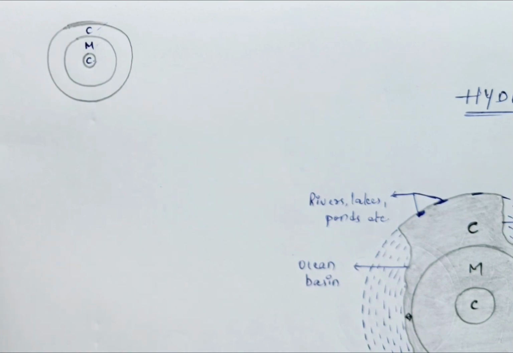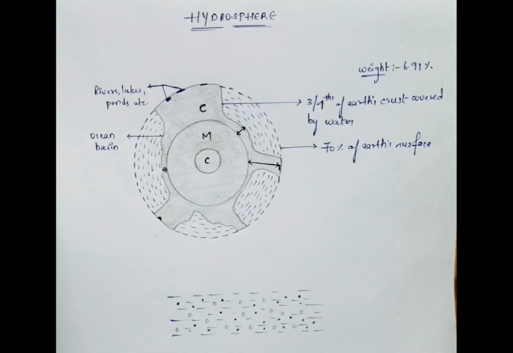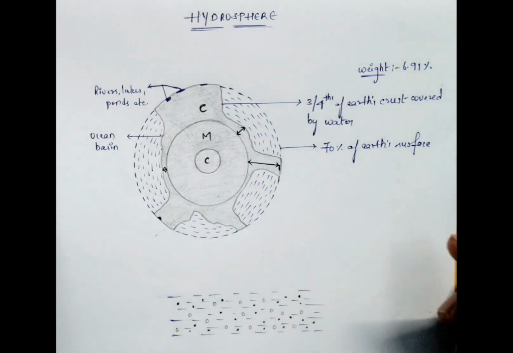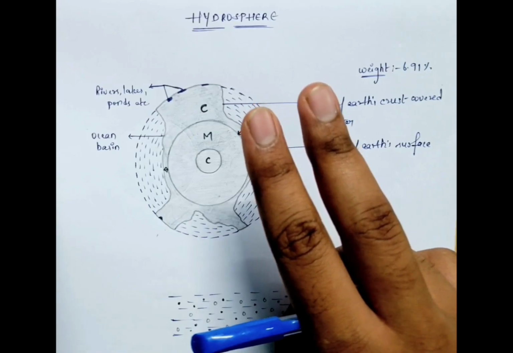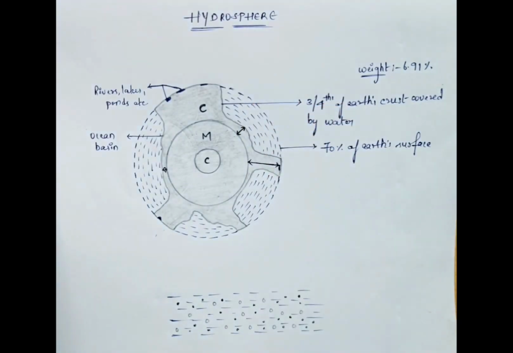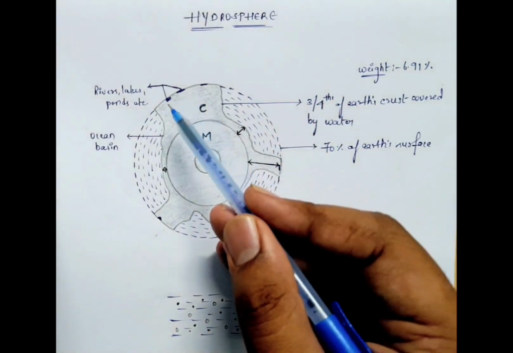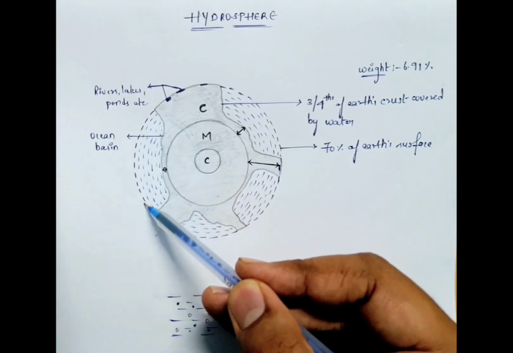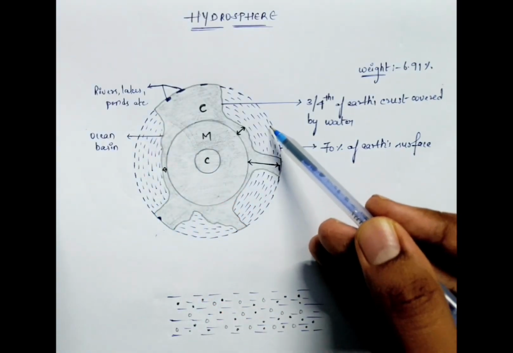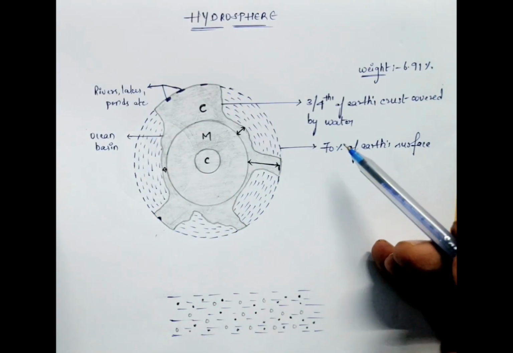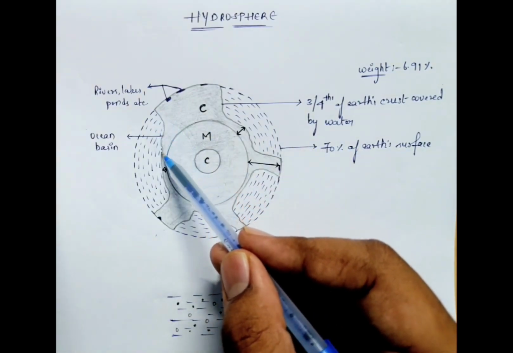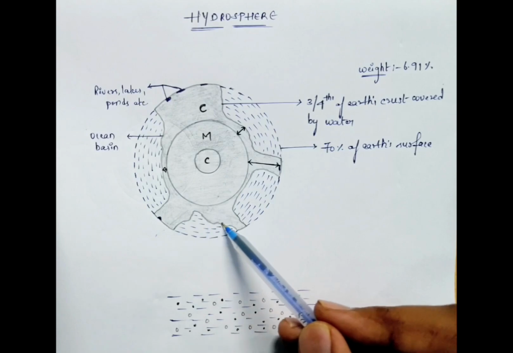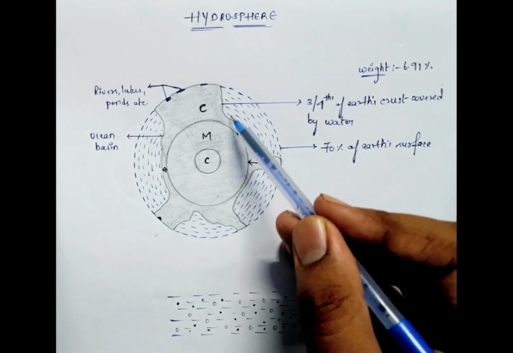So let us move to hydrosphere friends. Before going to hydrosphere, we have to see one main difference, friends, between the terms Earth's surface and Earth crust. The top layer, this one, is Earth's surface, friends, and crust only constitutes the land part. This thing, crust only constitutes the land part.